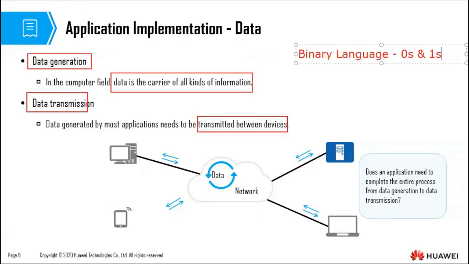Therefore, whenever we give the computer data, this data has to be converted from whatever we are typing. For example, when you type an A, it has to be converted into zeros and ones. And we have various representations that are used by computers to do that.